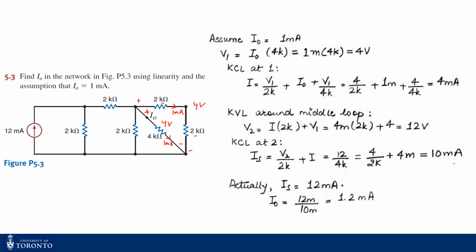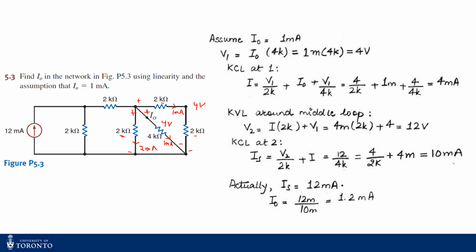Now, since this 4 kilo ohm is in parallel with this 2 kilo ohm, we know that the voltage across this 2 kilo ohm is also 4 volts. If the voltage across this 2 kilo ohm is 4 volts, then the current in this branch is 4 volts divided by 2 kilo ohms, which is 2 milliamperes.